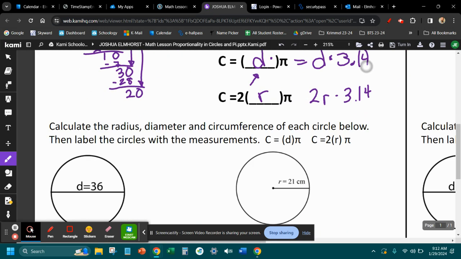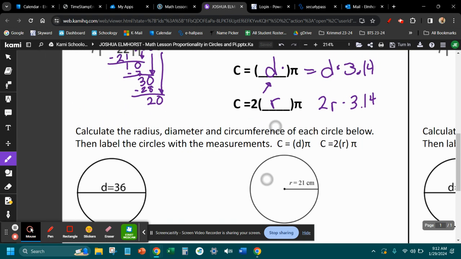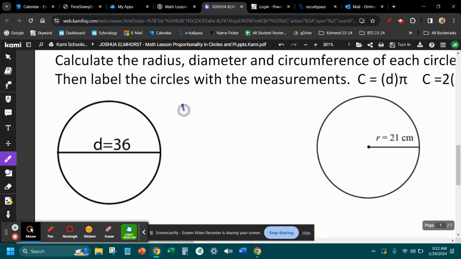So down below, we're just going to be looking at the given information of a circle, either the diameter or the radius. Now we're going to use the formulas, diameter times 3.14. So we got circumference is equal to diameter times 3.14.